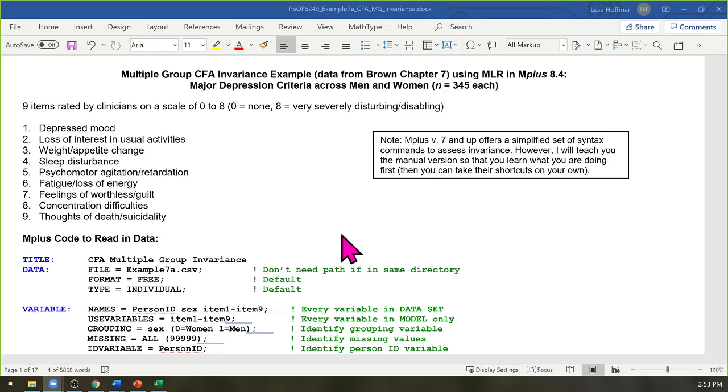What if these were 9 items in common between the 2 groups, and each group had other items as part of their battery that the other group didn't have? If these were the 9 common items we're using to link one group onto another, we would have to make sure those items function the same way in how they relate to the trait. That's what we're trying to establish. And mathematically, you only need 1.